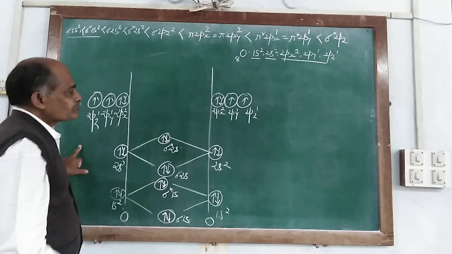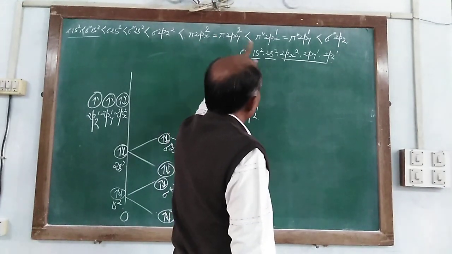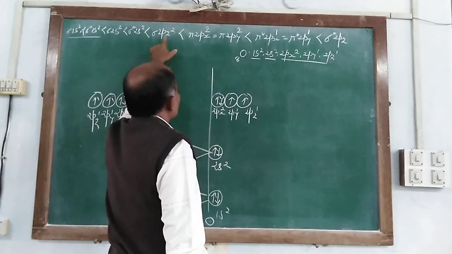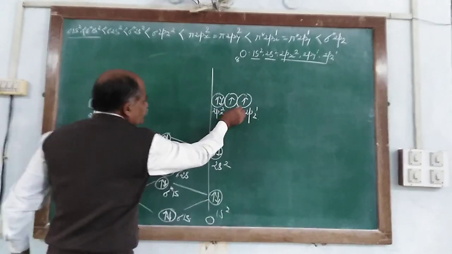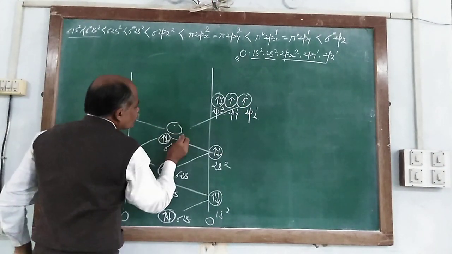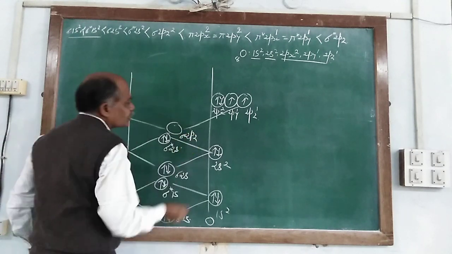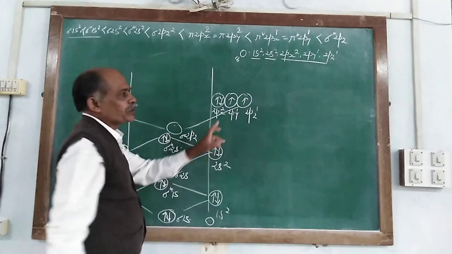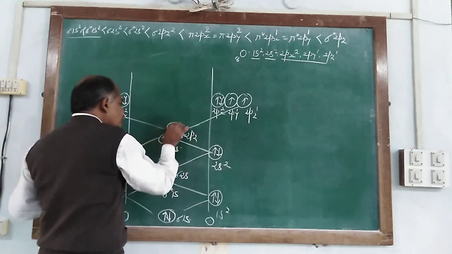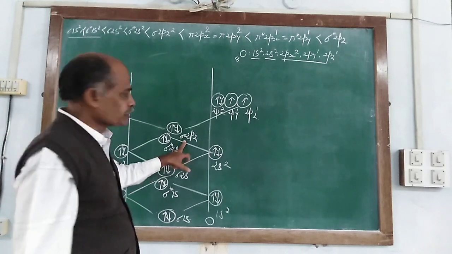So from here, in the sequence of filling the electrons, first it is sigma 2pz. Each of the atomic orbitals has 1 electron, so 2 electrons are accommodated in the sigma 2pz orbital.